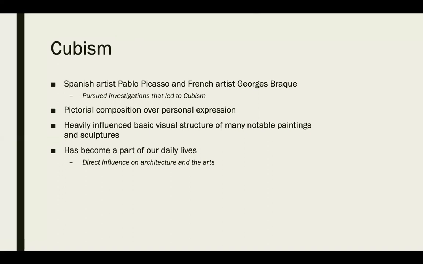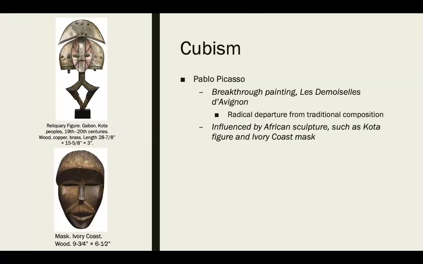It's heavily influenced the basic visual structure of many notable paintings and sculptures, even if they weren't in the Cubist movement. This technique became really popular with other movements as well, and has become a big part of our daily lives. There is direct influence on the architecture and the arts that we see everywhere, whether it be different architectural styles that have developed since then, or art styles, and so on and so forth.